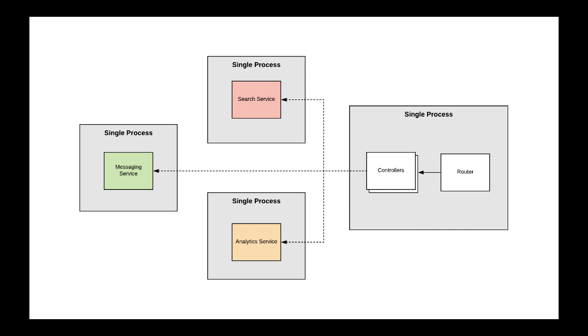So what are the disadvantages of splitting things out into their own processes like we do in a microservices architecture? The first thing that comes to mind for me is the additional complexity related to testing.